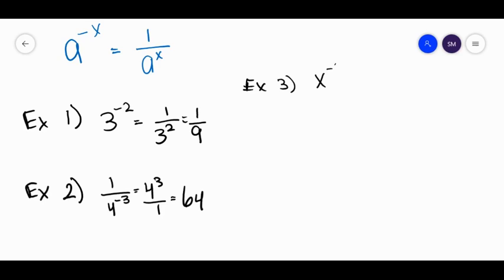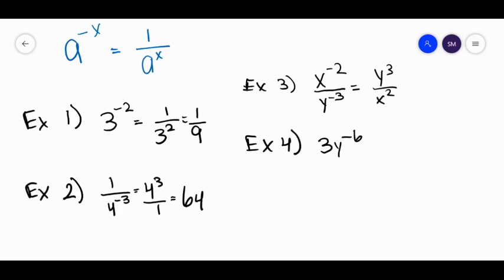So x to the negative 2 over y to the negative 3 would be equal to y to the positive 3 over x to the positive 2. Three y to the negative 6th would be equal to 3 over y to the positive 6th.